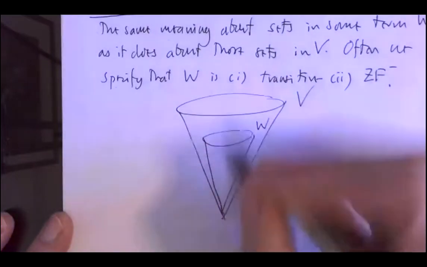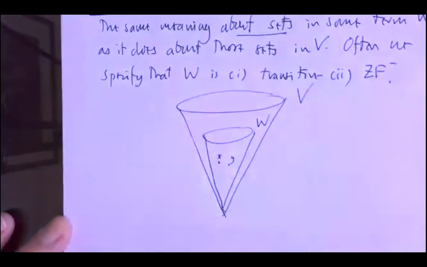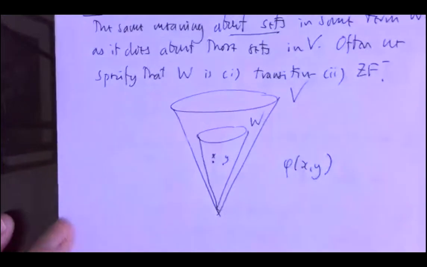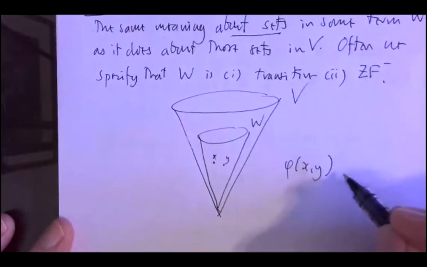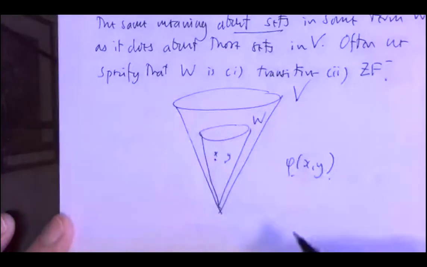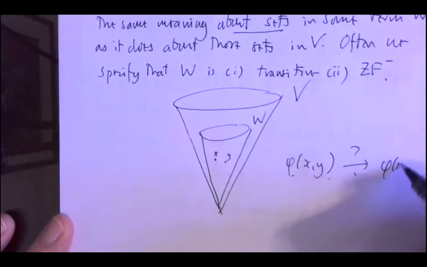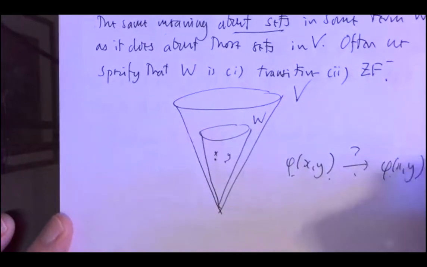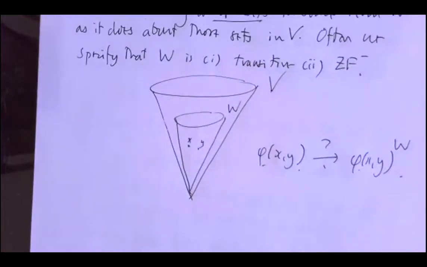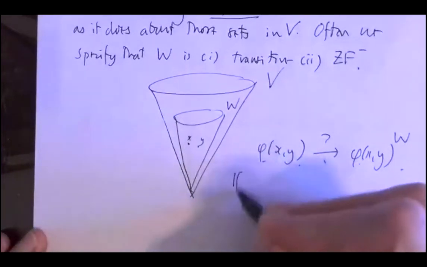And the idea is we may have some sets here, X and Y, and we may have some concept phi, and it may be that phi holds of X and Y in V. But then the question arises, does this hold if I relativize these quantifiers to W? So if yes, we say it's downward absolute.